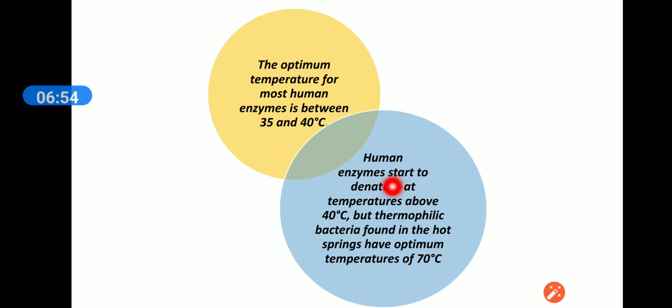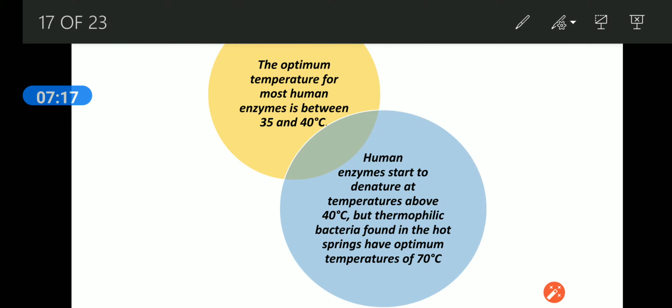Human enzymes start to denature at temperatures above 40 centigrade, but the thermophilic bacteria found in hot springs have an optimum temperature of 70 centigrade. That is basically the enzyme we use in our PCR cycles, which can act even at 70 centigrade, or according to Harper, even at 100 centigrade.